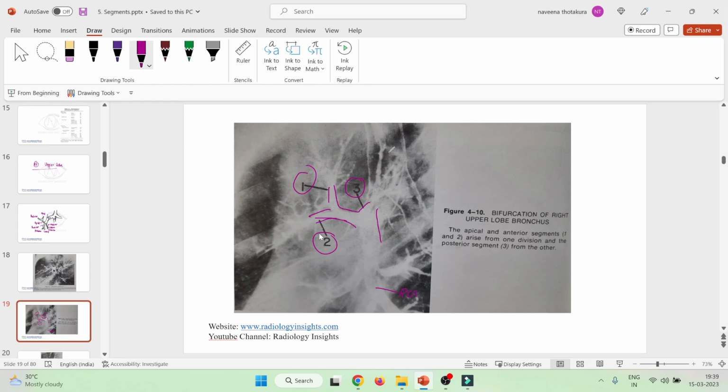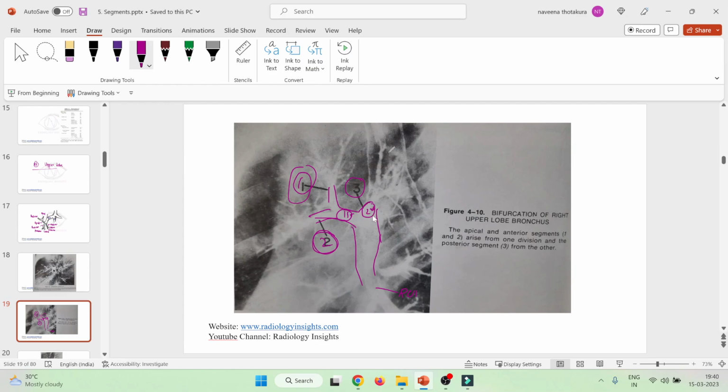So if I have to say, this is bifurcation of the right upper lobe bronchus, where the right upper lobe bronchus divides into two parts. Number one is the first division, and this is the second division. The first division gives rise to two segmental bronchi: the apical segmental bronchus, which is 1, and the anterior segmental bronchus, which is 2.